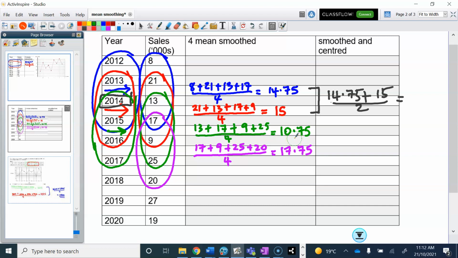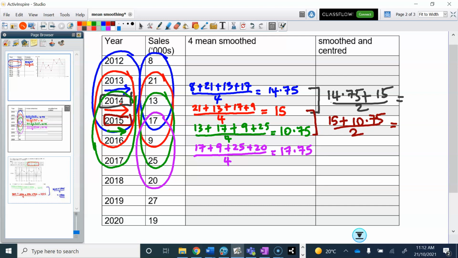So if I want to center again and get a smooth data point that actually relates to a particular year, I'm looking at the 2015 year would relate to this centered bit of data. So I need to again take the mean, 15 plus 10.75 over 2, and that would give me the mean smoothed and centered data for 2015.